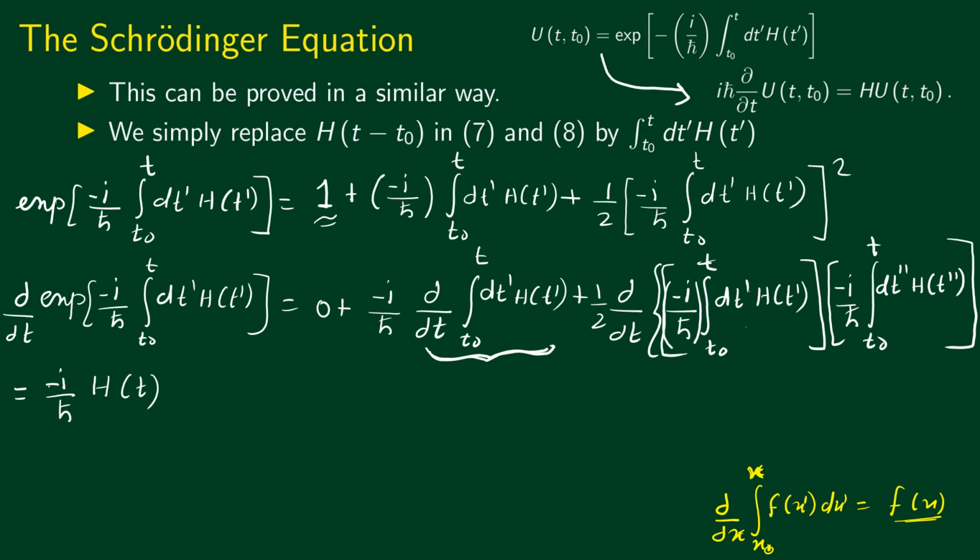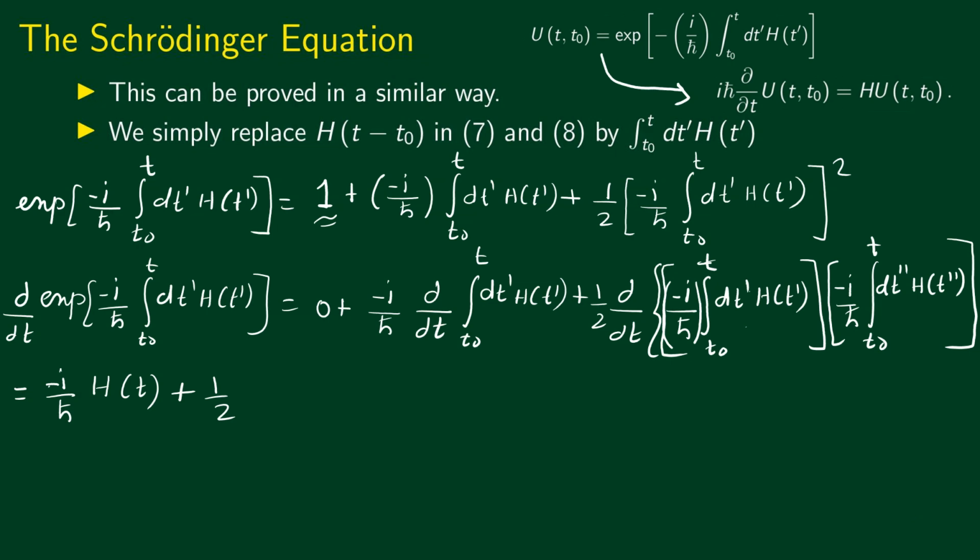Now let's look at the second term. Plus half. Now we have to use the product rule. We'll take the derivative of the first term multiplied by the second term, and then the first term multiplied by the derivative of the second term. That's the product rule. So let's write it like that.